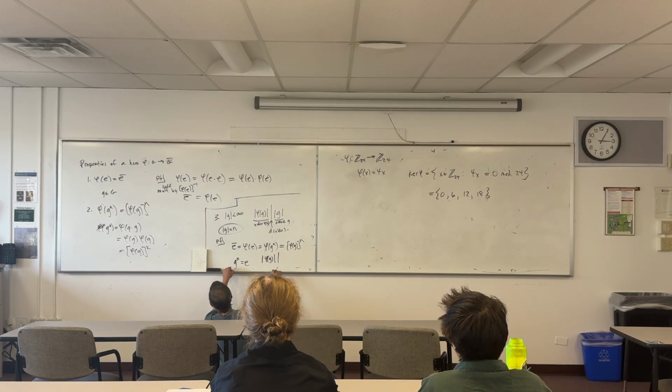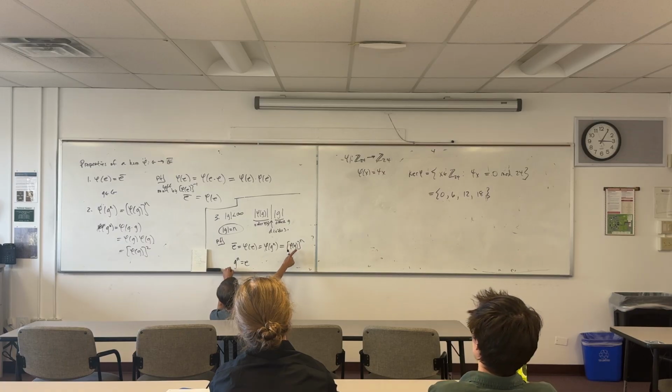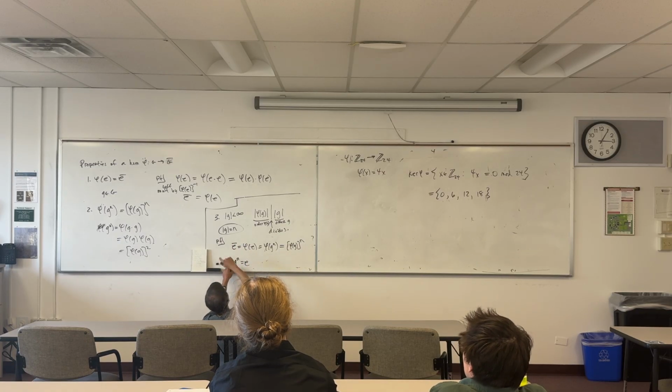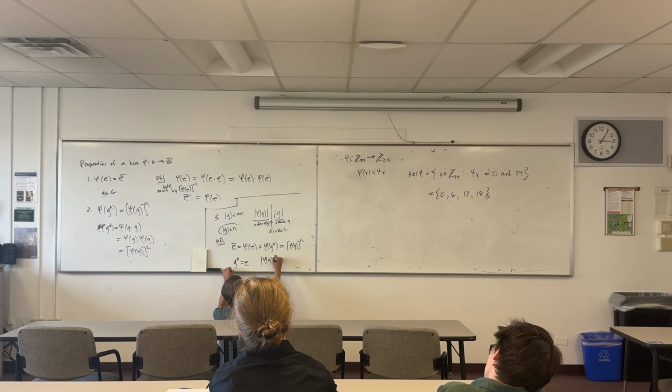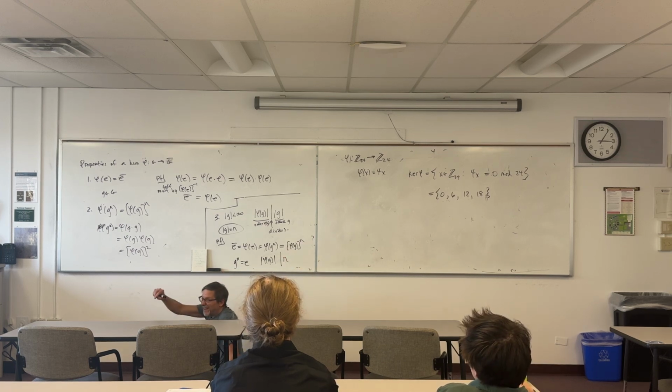Looking at my proof, so the order of phi of G must divide n. There we go, that makes sense.